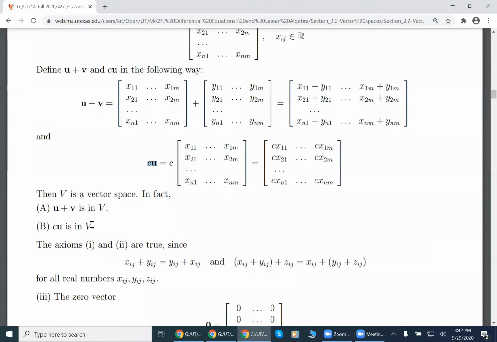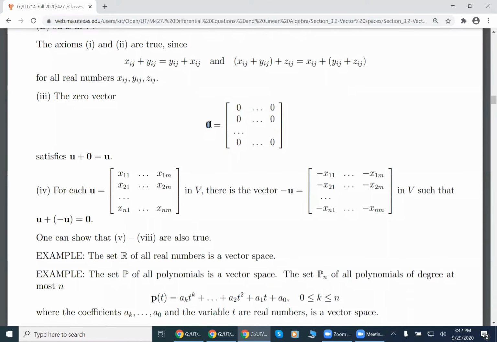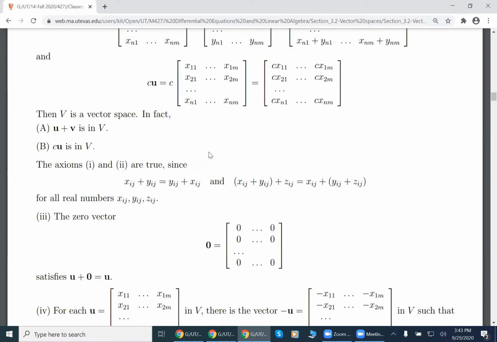Here's what we need next. We have to define the zero vector and we have to define negative U for each U. After that, we show that our set with these two operations satisfy 10 axioms.